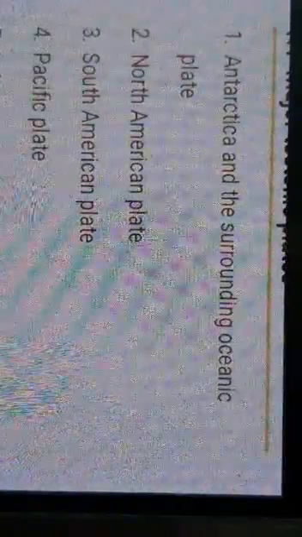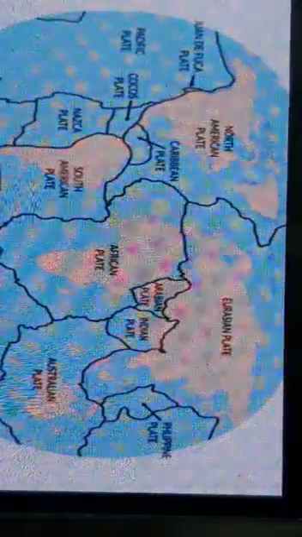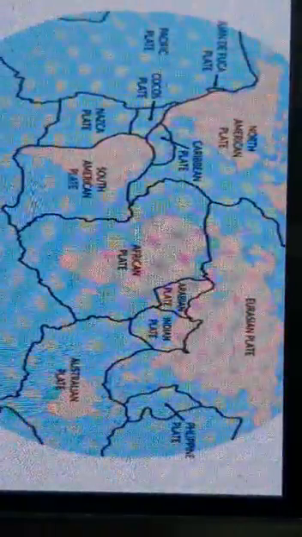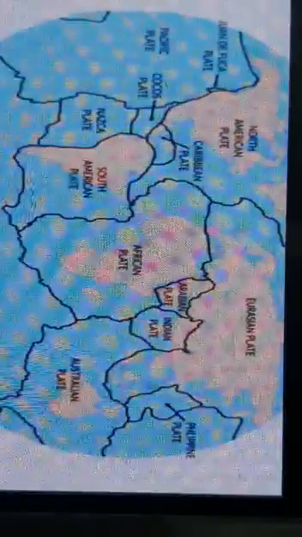In our world there are seven major plates: Antarctica and surrounding, North America, South America, Pacific, Indo-Australian with New Zealand, Africa with the Eastern Atlantic floor, and the Eurasian plate, and a number of minor plates, which exist in this format as you can see. The explanation of the major and minor plates you can see in the assignment. Thank you.